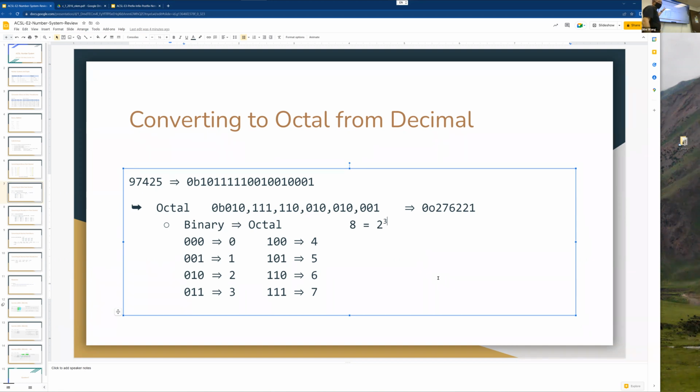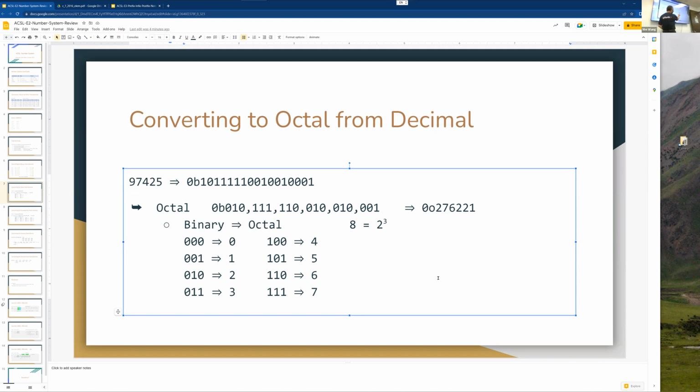But in the ACSL competition, there are a lot of questions for you to compare numbers, converting between octal and hexadecimal, for example. The easier way to do that is actually to do it like this, right?